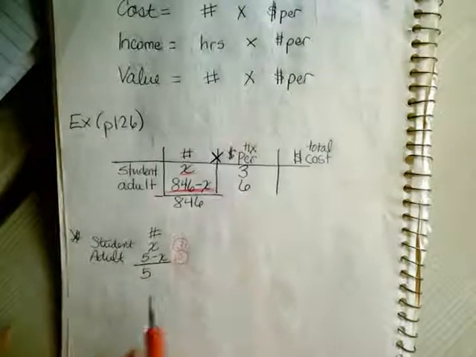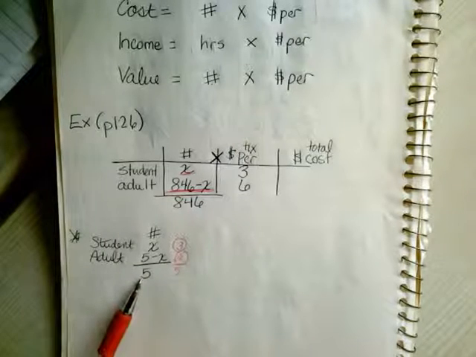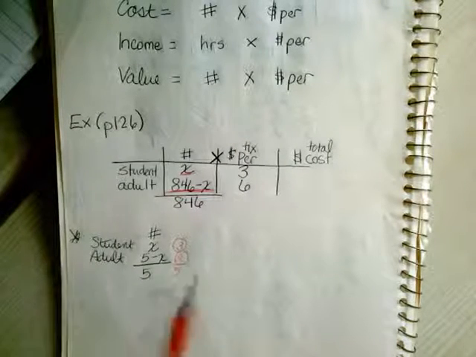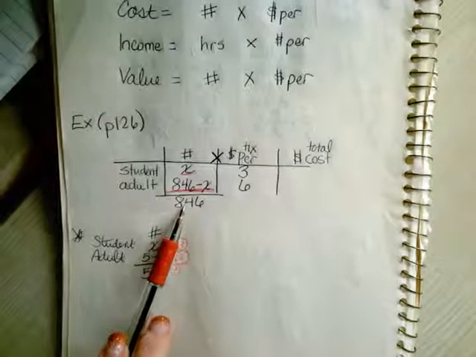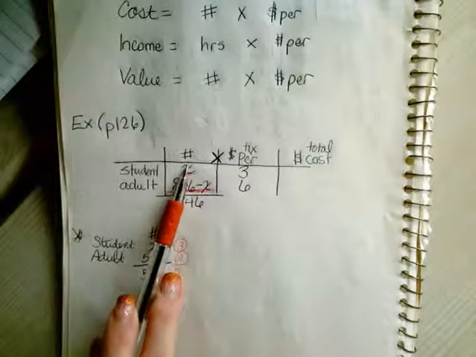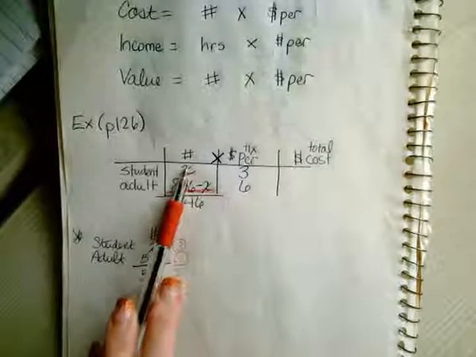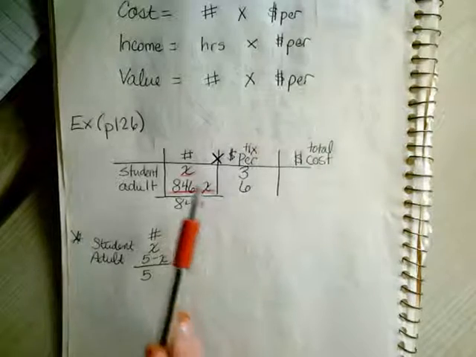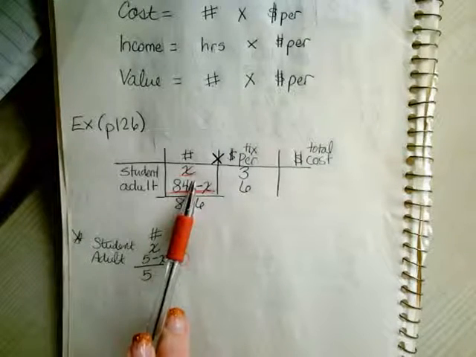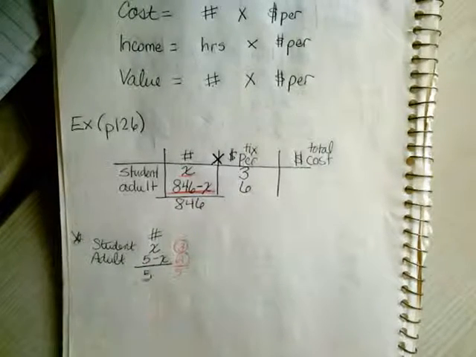Does that give me the 5 that I've already asserted is the amount? That's why this works. If you know the total, then by calling one of them X, and then calling the other one the total minus X, you have a true comparison, okay? Sidebar done.